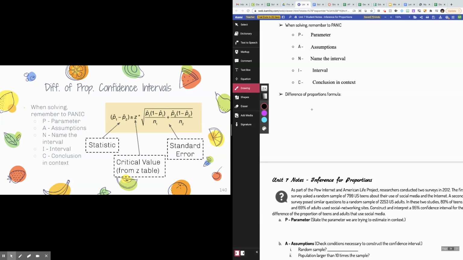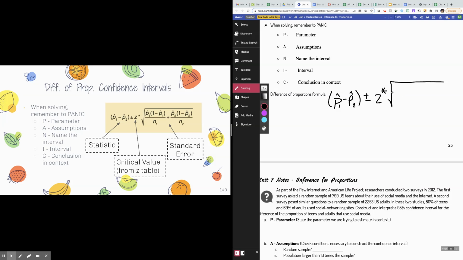So you have the statistic, which is p hat 1 minus p hat 2, plus or minus z star, that's my critical value, times the square root of p hat 1 times 1 minus p hat 1 over n1, plus p hat 2 times 1 minus p hat 2 over n2.